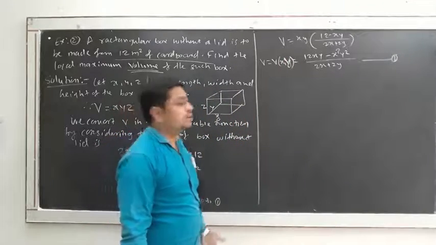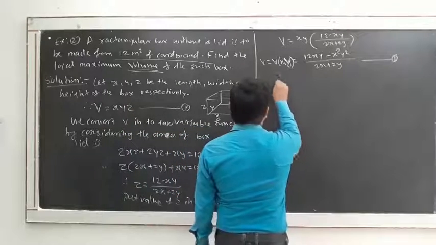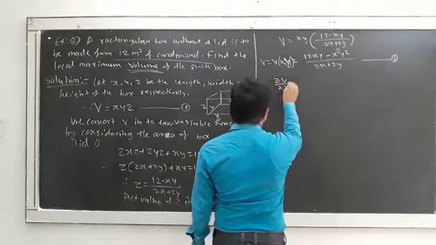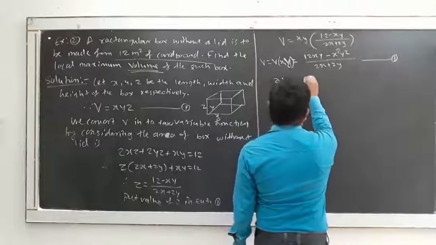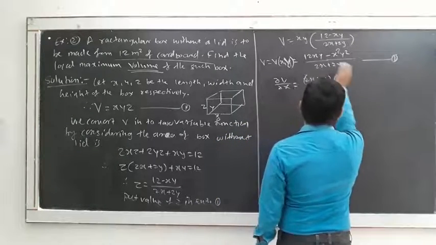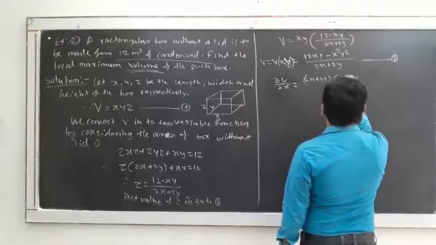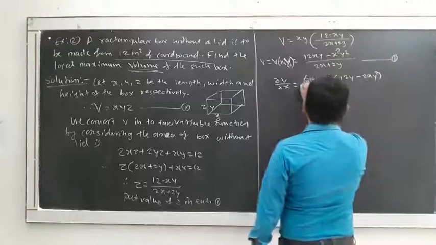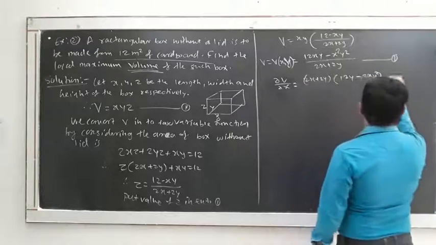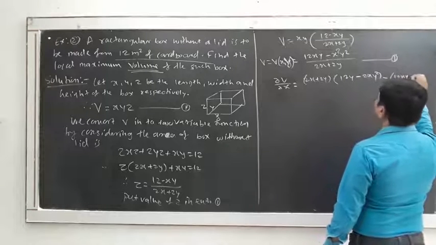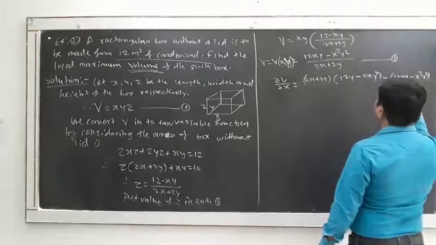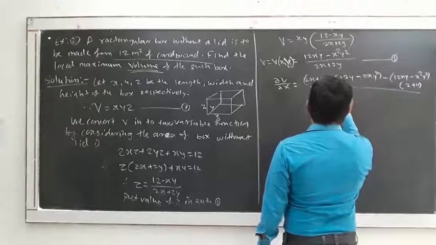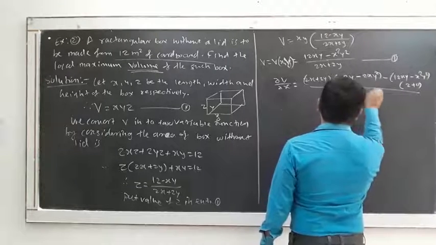Now you can use the first derivative test. So you can write Vx, or dV by dx. It is equal to, find this, (2x plus 2y) into the derivative of 12xy with respect to x, which is 12y, minus 2xy square, upon, minus, this term is constant, x square y square into 2 plus 0, upon 2 into (2x plus 2y) bracket square.